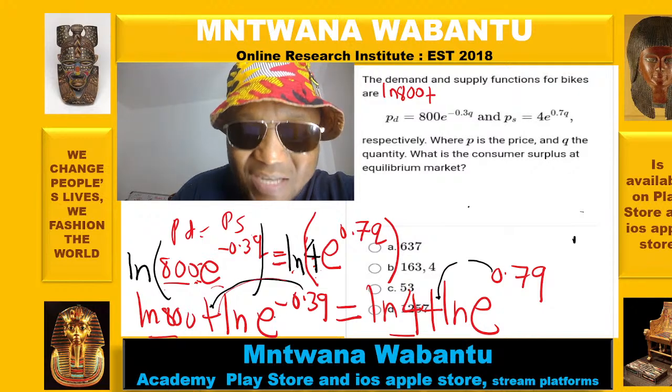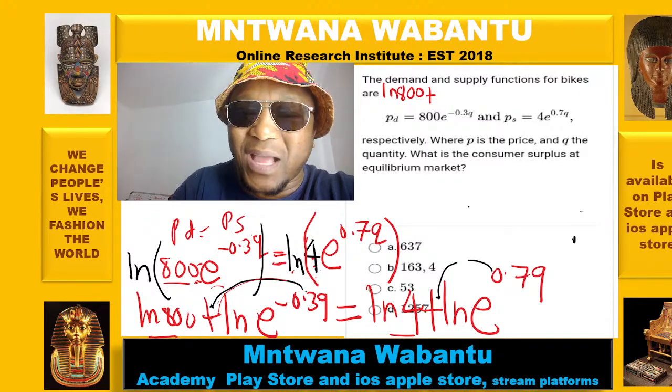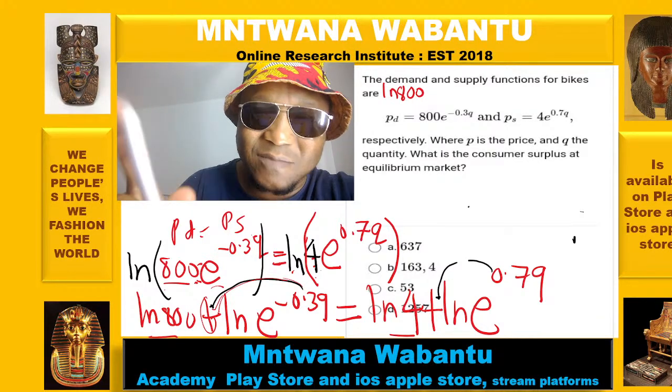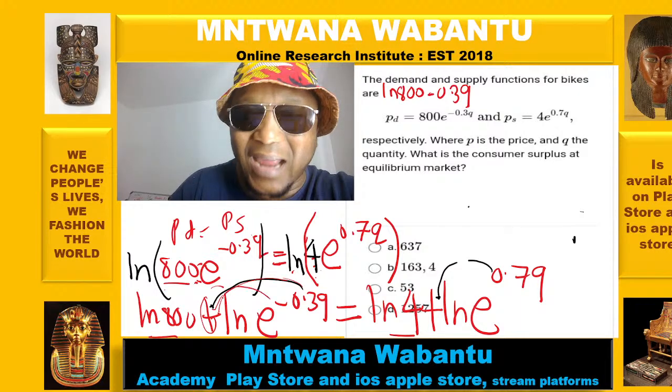If you take this behind, it's going to be negative 0.39. But plus and negative becomes negative. So I don't have to say plus minus, just say minus 0.39 times ln of E.